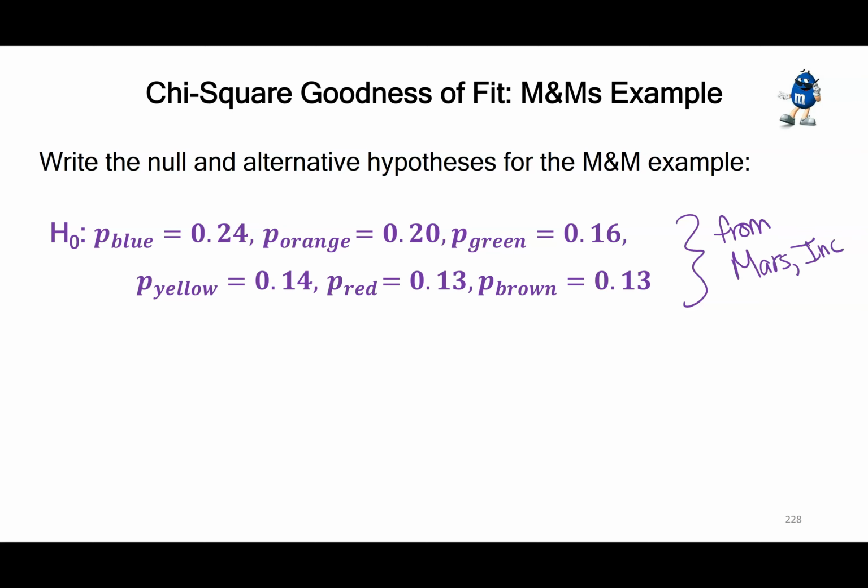None of these values should come from your sample. There are no hats. That's a really, really important detail here. The alternative: just one of these is different than what's claimed. If at least one is, that's enough to convince me that the whole generic statement isn't necessarily true.